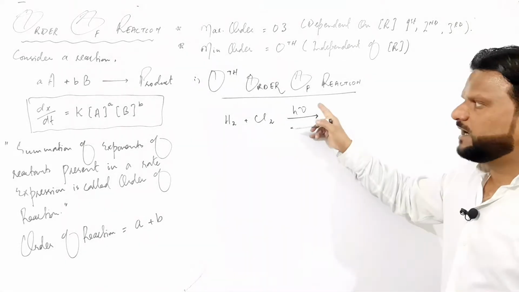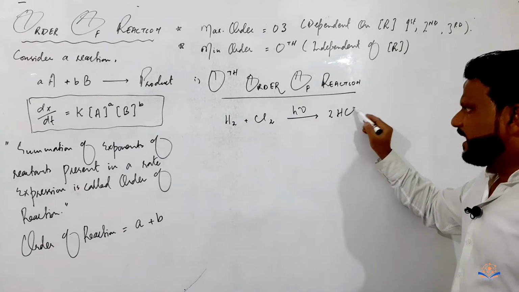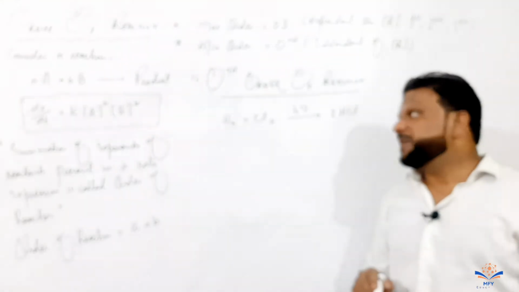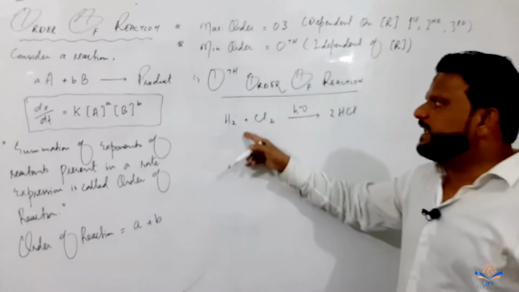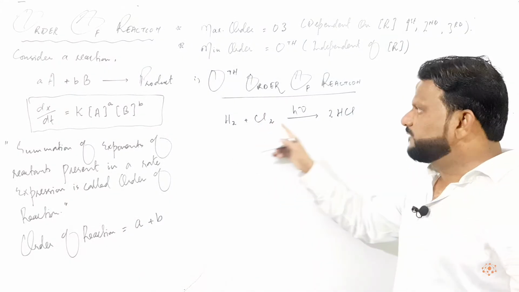If we provide sunlight to this chemical reaction, it will produce hydrochloric acid. It means that if we increase or decrease active masses of reactants, product will not form.